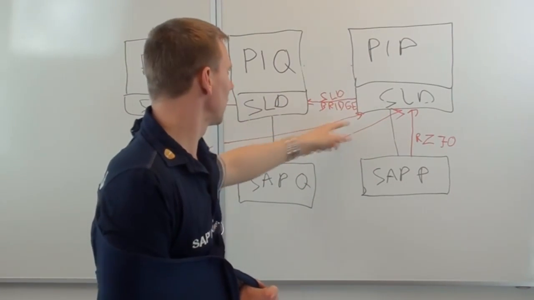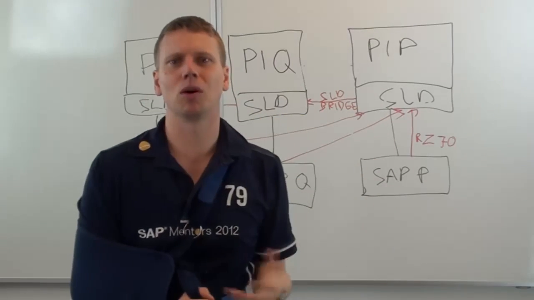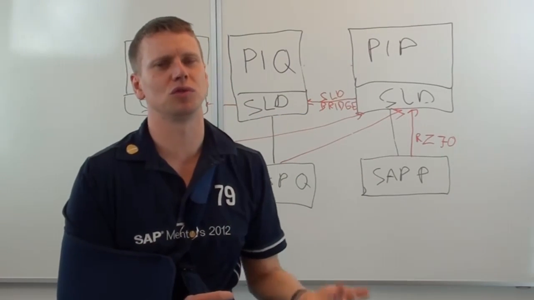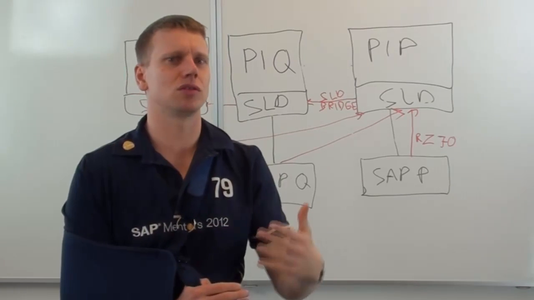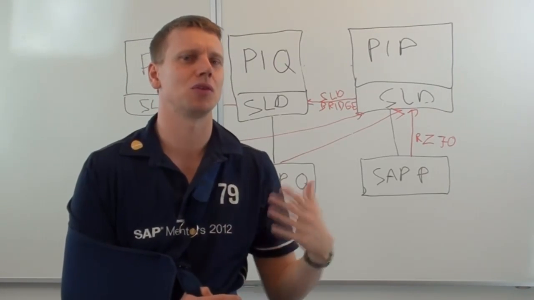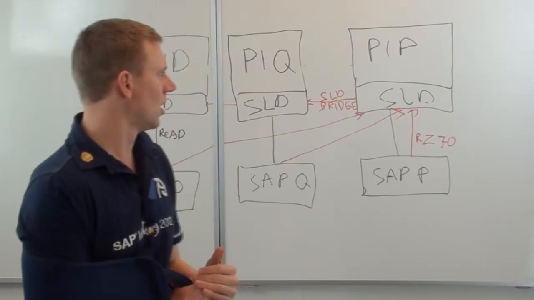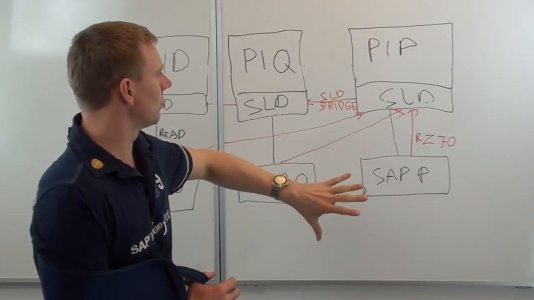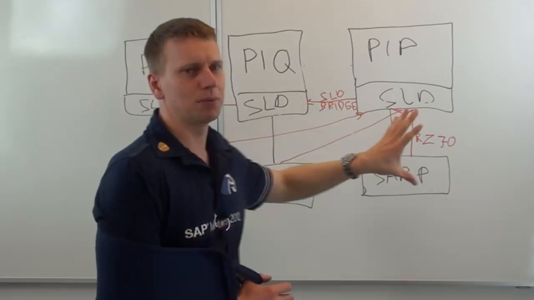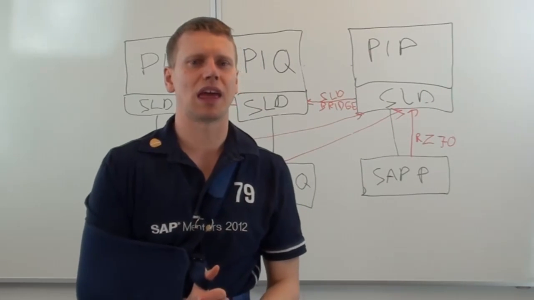You can either do it directly from the P, or maybe from the Q to the P, depending on what you think is the easiest way to set up. So that's how you get all the systems to send information about who they are and what information they have, and that's the way you replicate data up to the SLD for business systems.